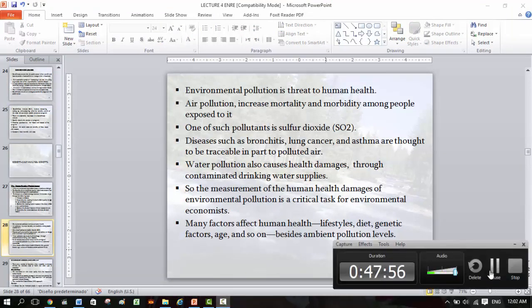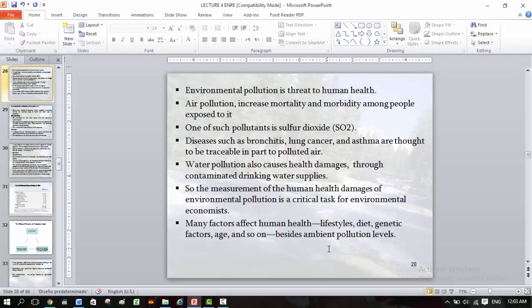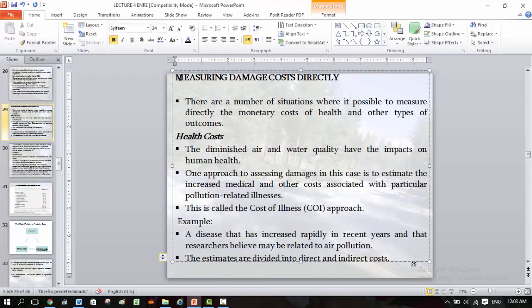Dear students, we are after the damage function. We measure the damage.